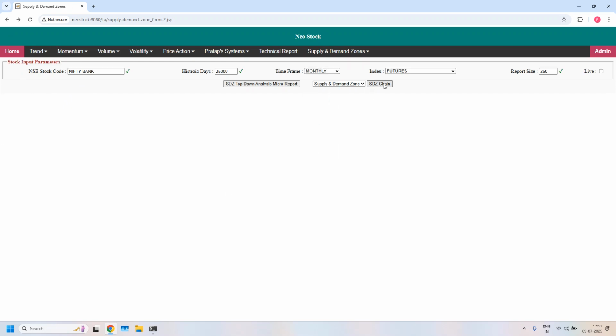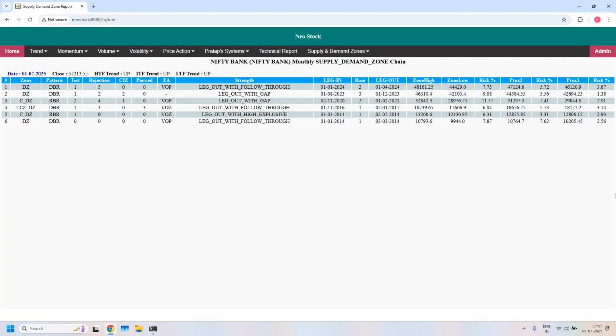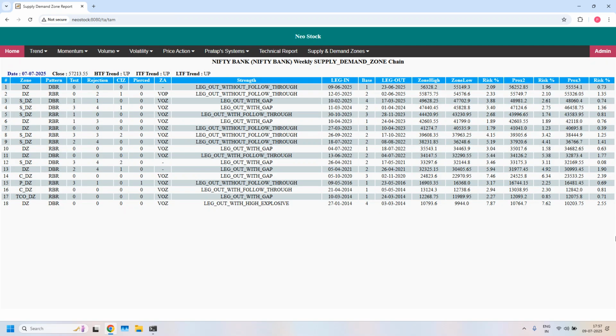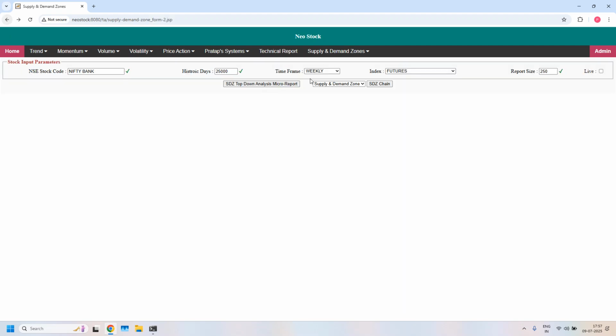Generating monthly supply demand zone chain for BANKNIFTY. Next, generating weekly supply demand zone chain for BANKNIFTY. Next, generating daily supply demand zone chain for BANKNIFTY.